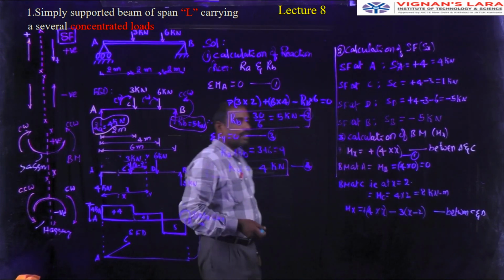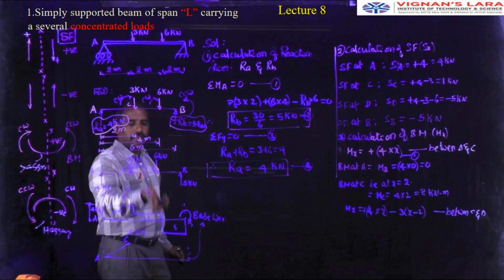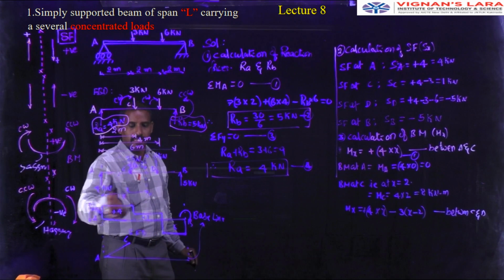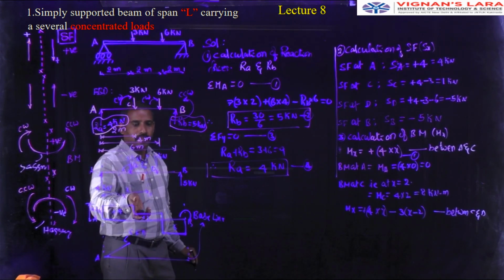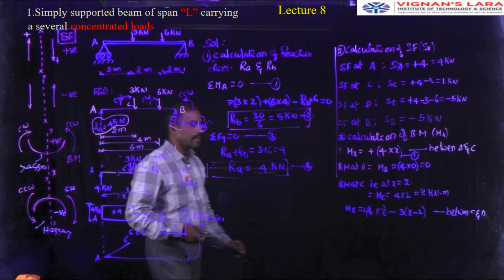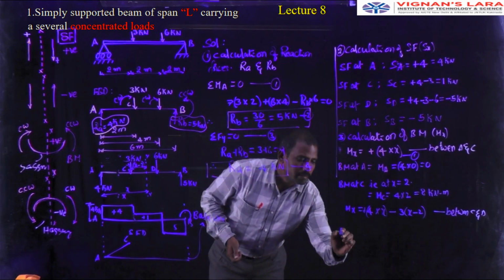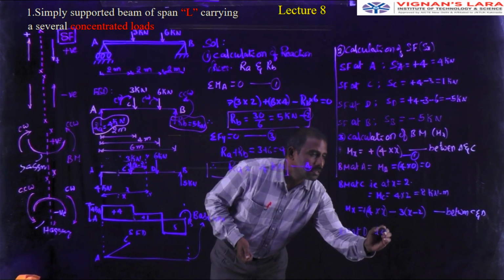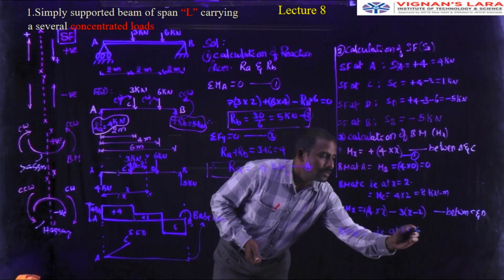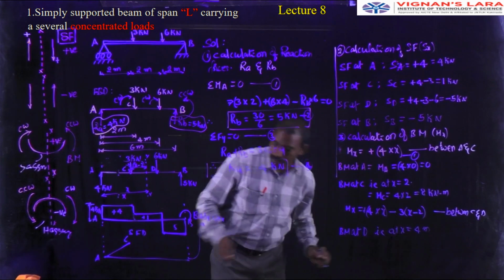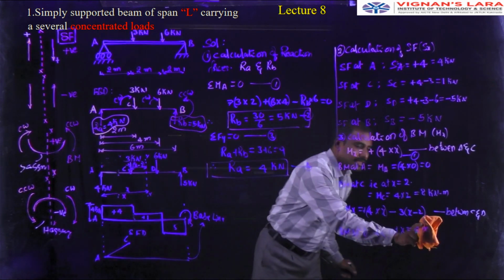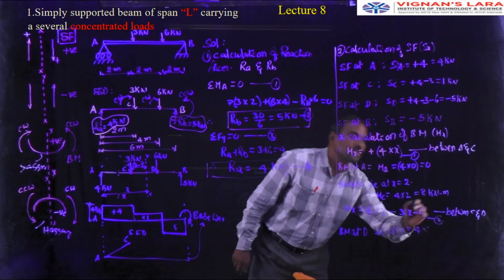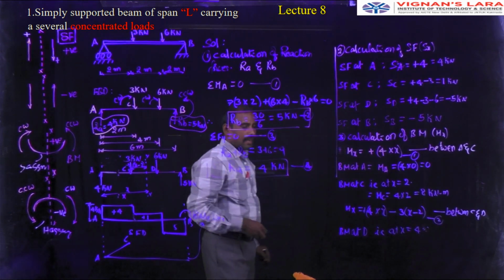Then I can calculate the shear force at D also. Already you calculated the shear force and bending moment at C, and then you can find out the bending moment at D. It means the BM at D, at x is equal to 4 meters. Just substitute x is equal to 4 in equation number 2 in the bending moment calculation part.